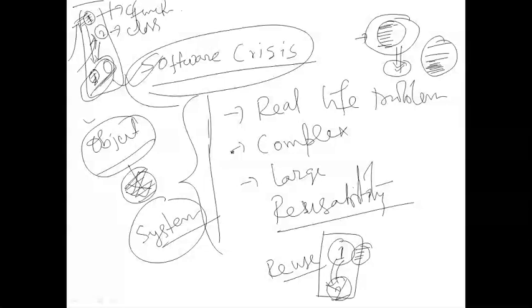There is another problem which needed to be solved: when there is a change in the requirement, once the software is developed, if anything needs to be changed later on, that change should be done very easily and efficiently in the module.